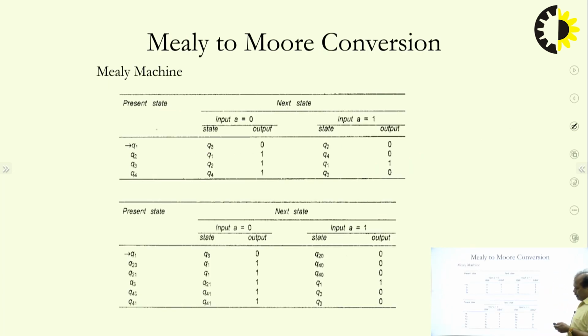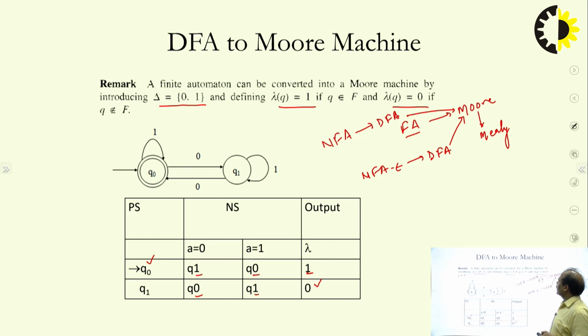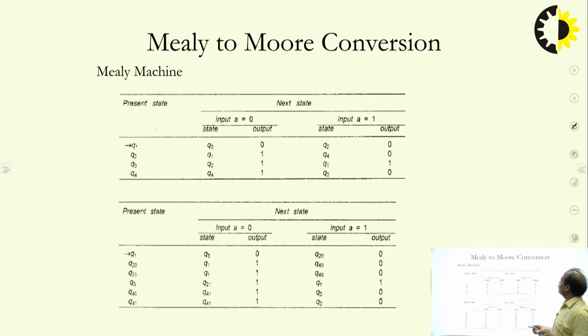Next, very important: how to convert Mealy to Moore and Moore to Mealy. Let's understand this. Consider this Mealy machine, the previous one we just did. If you want to convert this Mealy to Moore, there is a trick.